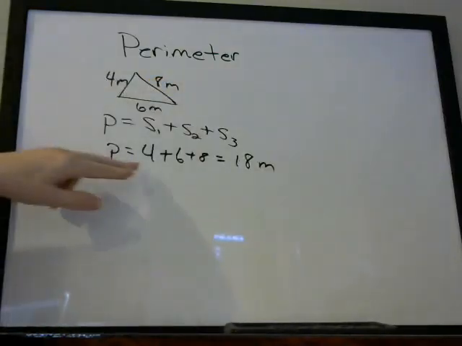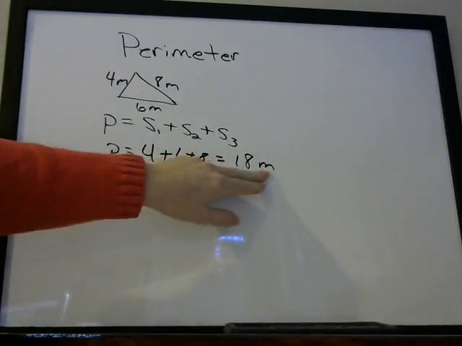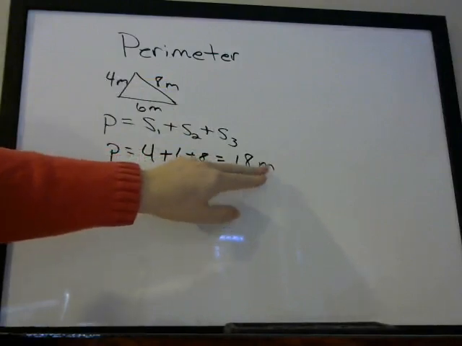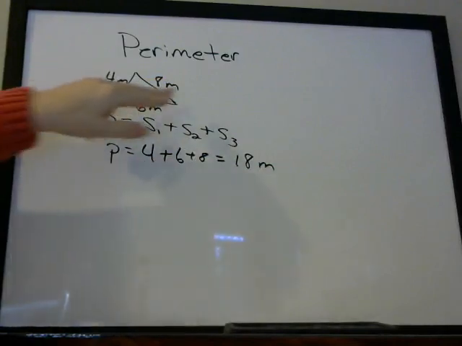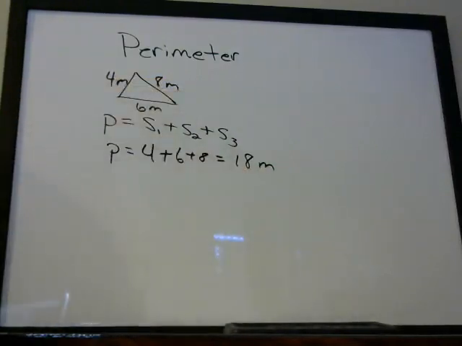And so in perimeter, your unit of measure in your answer is just the normal unit of measure. So here we have 4 meters plus 6 meters plus 8 meters equals 18 meters. That is the answer for your perimeter of this triangle. So perimeter, all you do, add up the three sides. It's the measure of the length around the object.